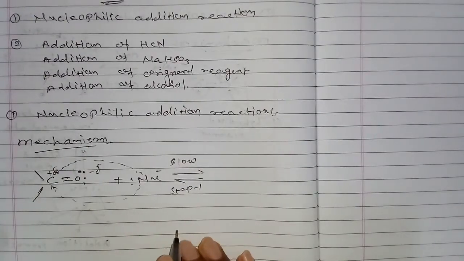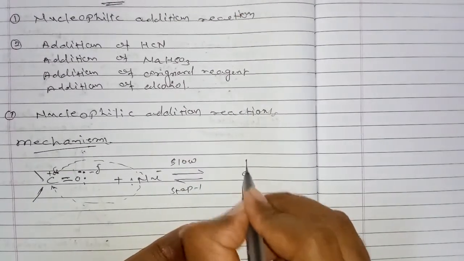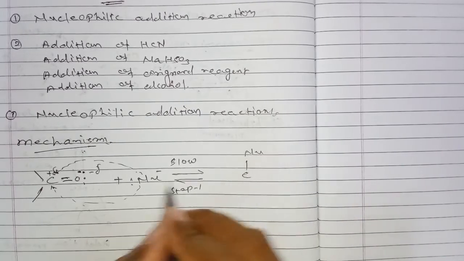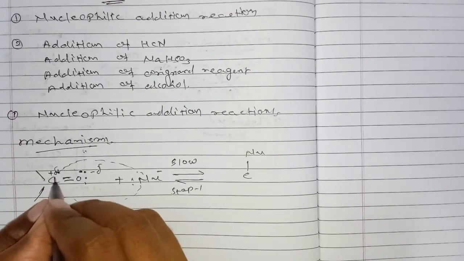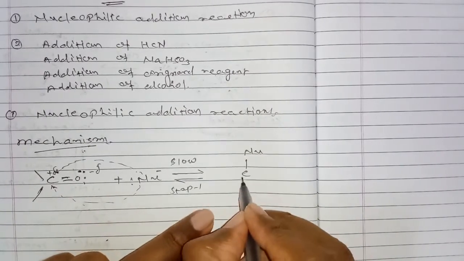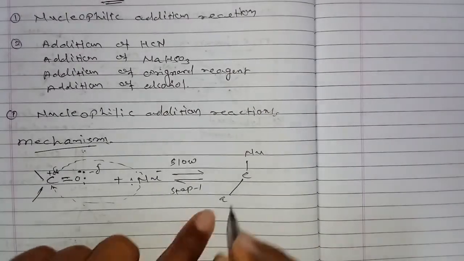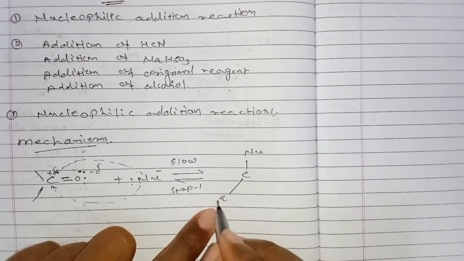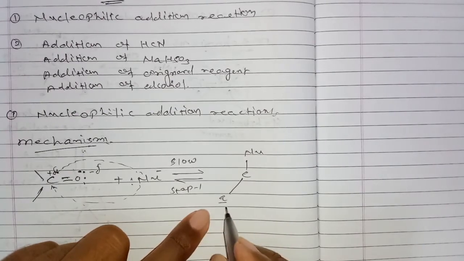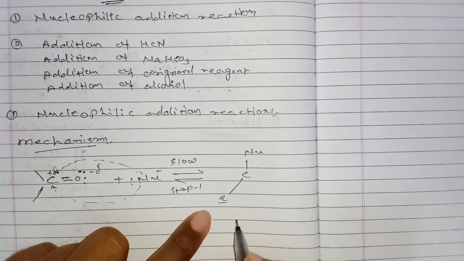In the first step, the nucleophile will attack the carbon and become attached here. Here A and B are an alkyl group or any other atom.